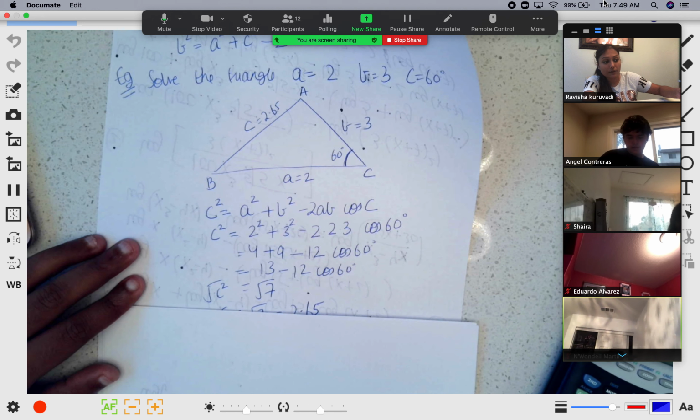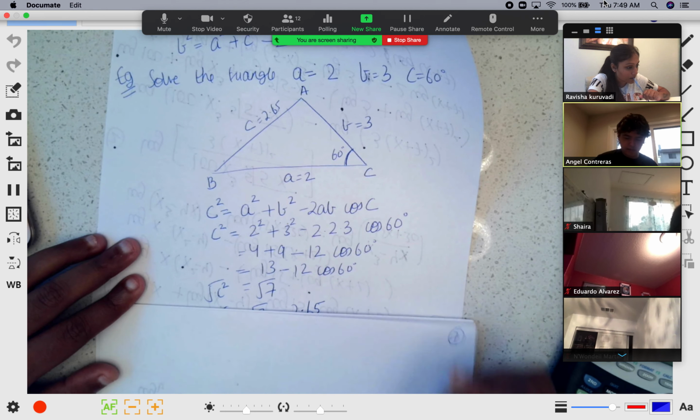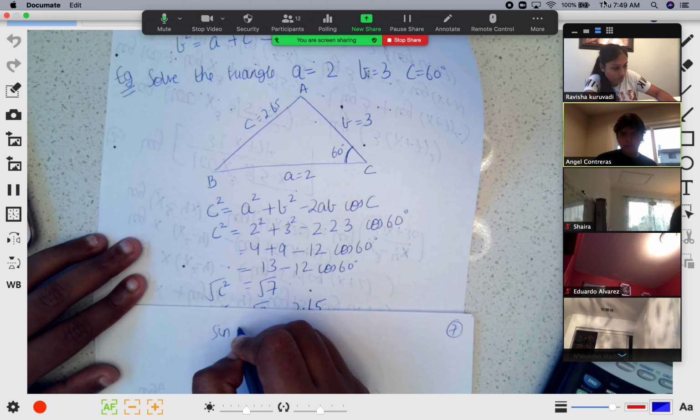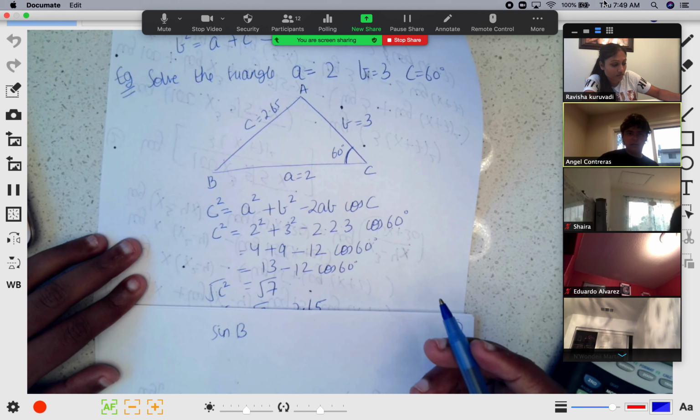Suppose we use the law of cosines. By any chance, are we able to isolate sine b, like using the law of sines?